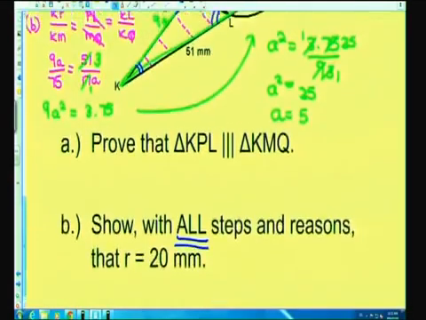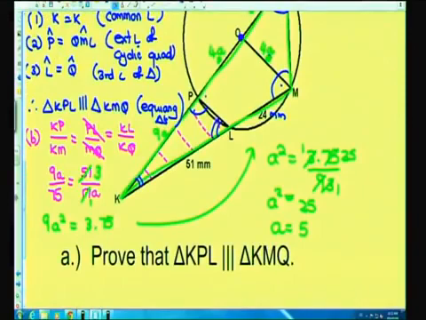Now, how does that help me with my story? Well, if I go back to this drawing over here now, and I erase that 9 and put in a 5 for a, then my 9a would be 45. And it's 4a: 4 times 5 is 20, and that's very good news.